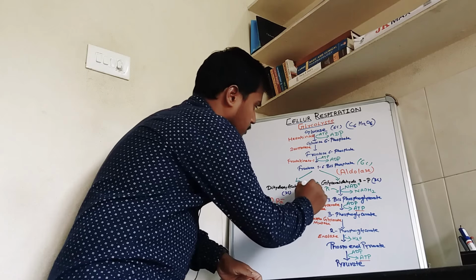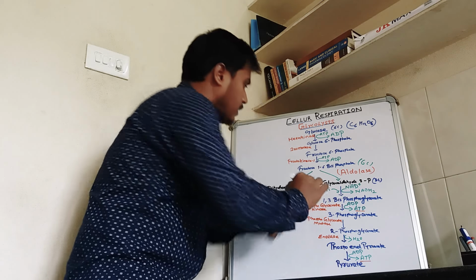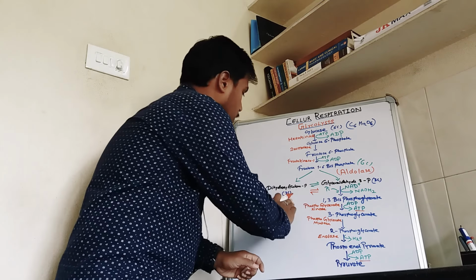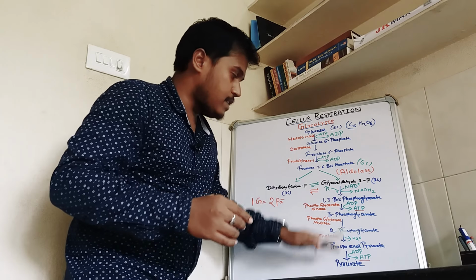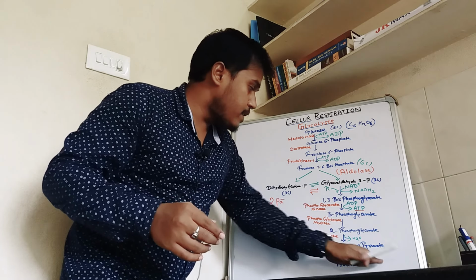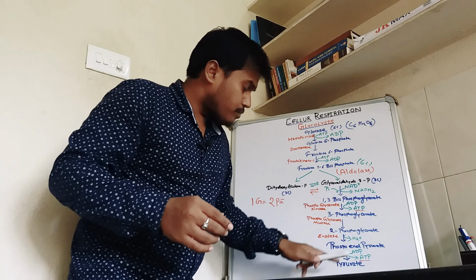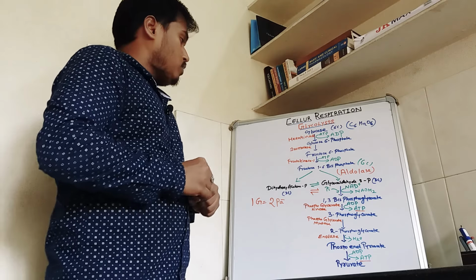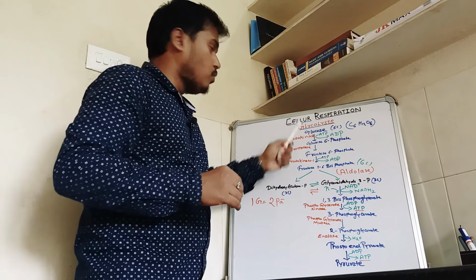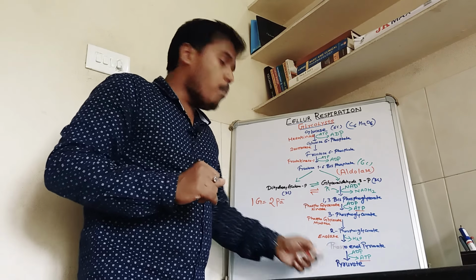This is interconvertible, so it will again convert into glyceraldehyde 3 phosphate, and the rest of the steps are the same, and we will get the same 2 ATP, and here 1 NADH plus H plus, and the next pyruvate. So we can conclude that one glucose will give 2 pyruvic acid.